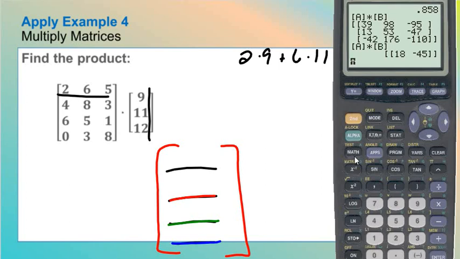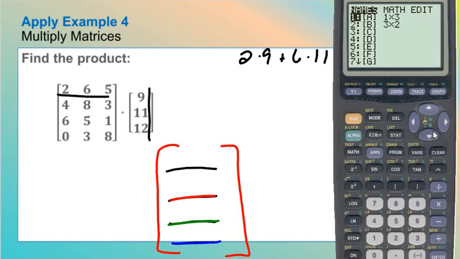So second matrix, edit these. So we have a 4 by 3. And we got 2, 6, 5, 4, 8, 3, 6, 5, 1, 0, 3, 3, and then 8. Second matrix, edit, go down to the second one.